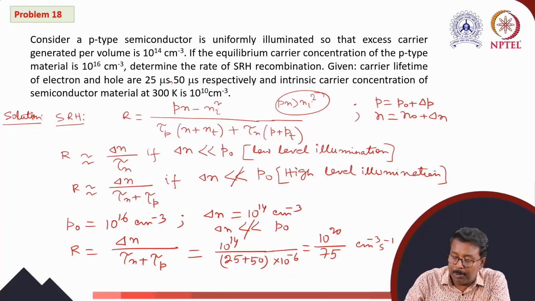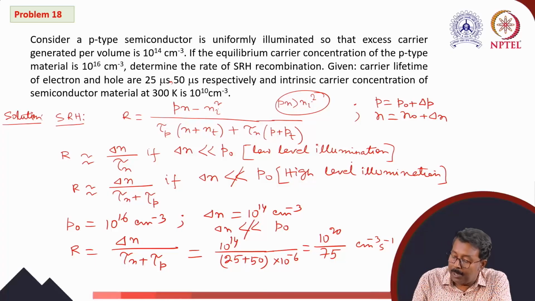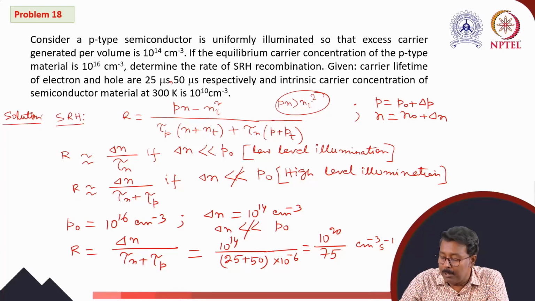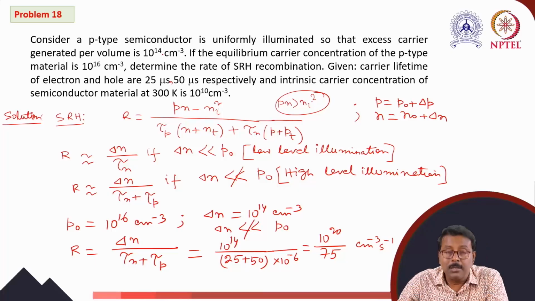The only catch of the problem is that we have to check whether to use the low level illumination formula or the high level illumination formula. We have to calculate delta n first. Here delta n is already given, but in other cases, if the problem gives you the optical intensity of light, that means milliwatt per centimeter square, you have to first calculate delta n and delta p, that is the excess carrier density.